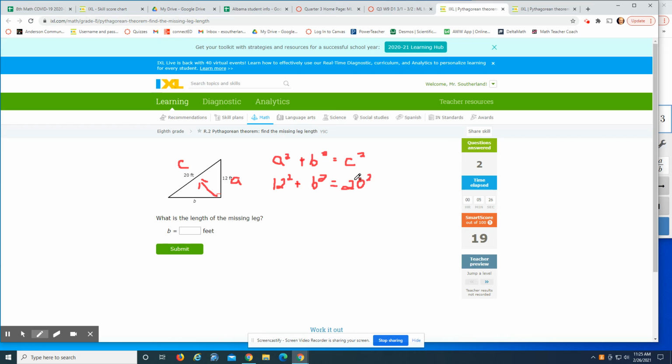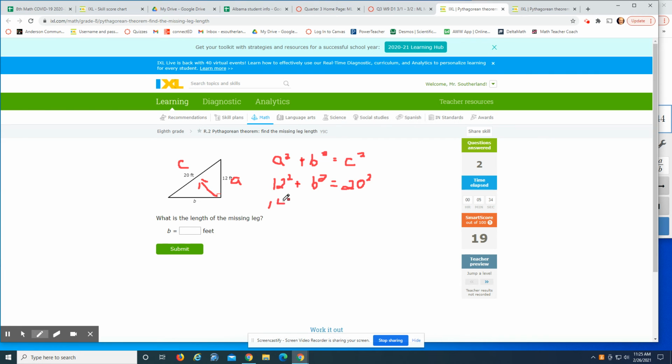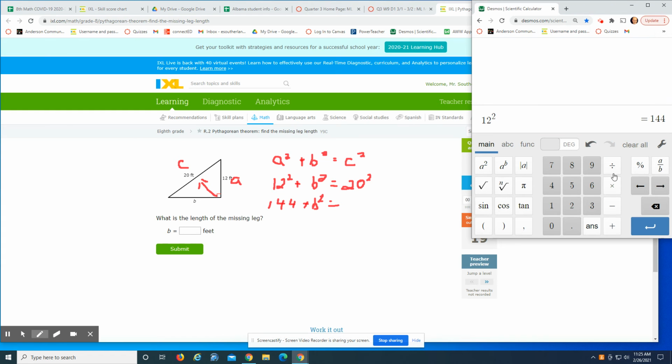Again, you can just simply use the calculator for your squares, but 12 squared is 144. B squared is going to stay B squared. 20 squared is 400, but you can use the calculator if you're not sure what the square is. So we'll type it in. 20 squared is 400.